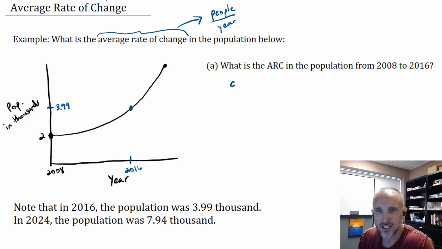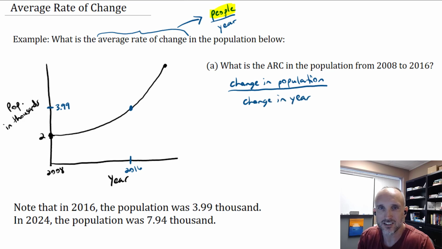So we're going to look at the change in population, because that's going to give us our people change divided by the change in year. And this right here is the big idea. You take a change in what you're wanting to measure divided by a change over a time period. Okay, so population matches people and year is what we're looking at in the denominator.